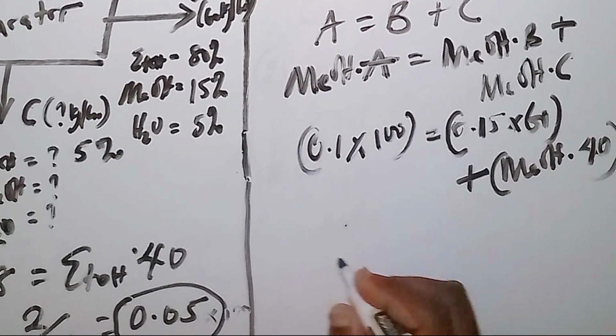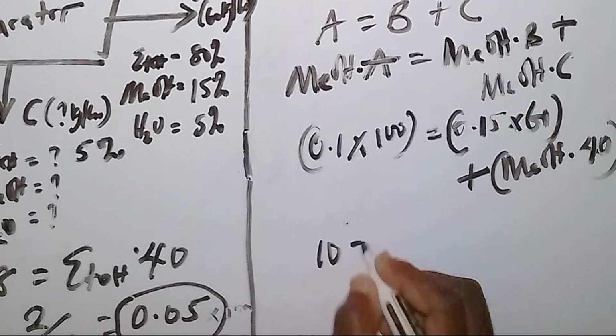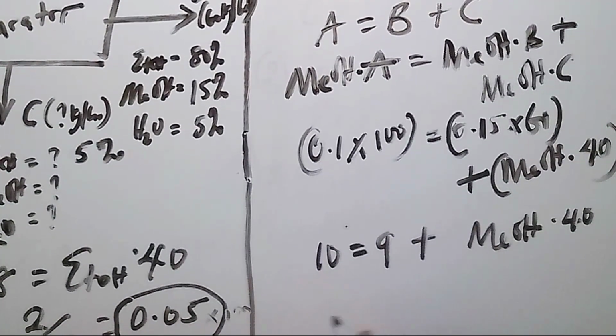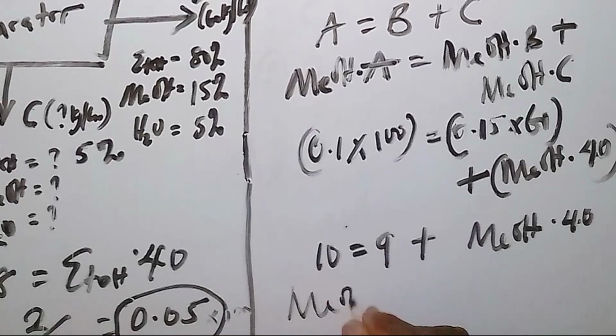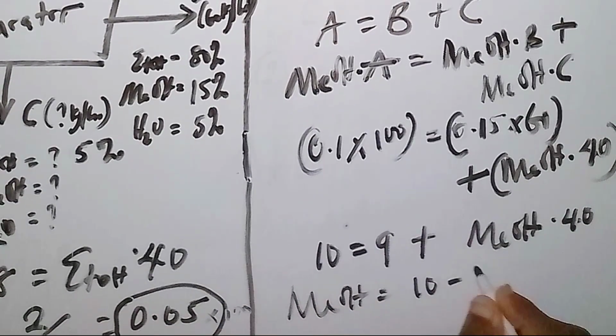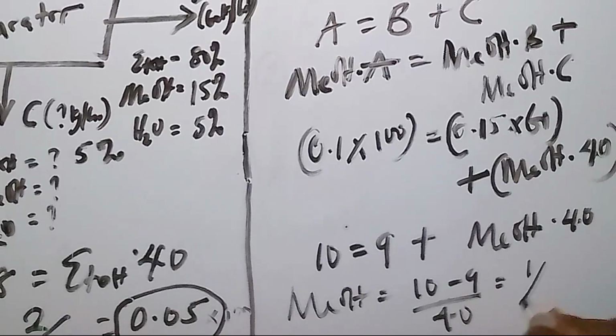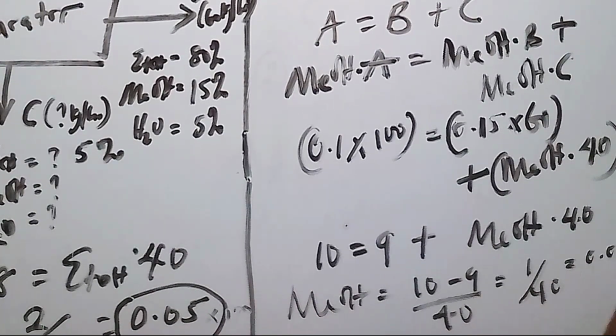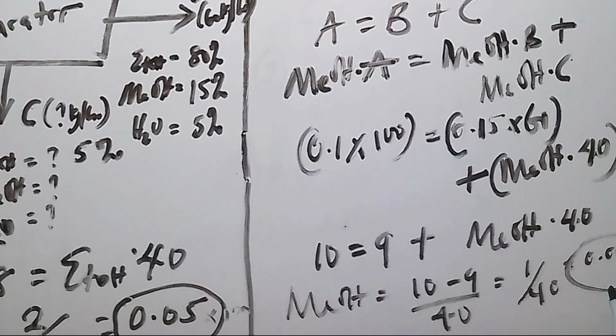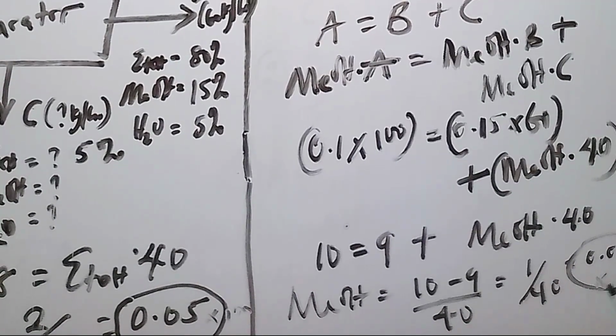Multiply, subtract, and divide. So this becomes 10 equal to 9 plus methanol times 40. Collect like terms: methanol becomes 10 minus 9 divided by 40. 10 minus 9 is 1, divided by 40 is 0.025. So this is the mass fraction, 0.025.